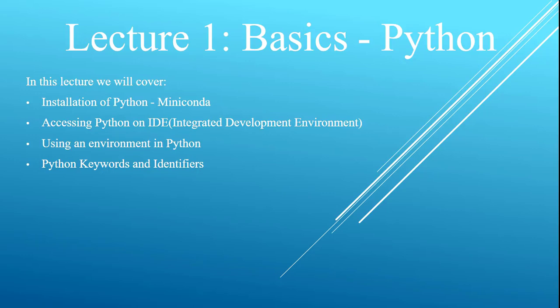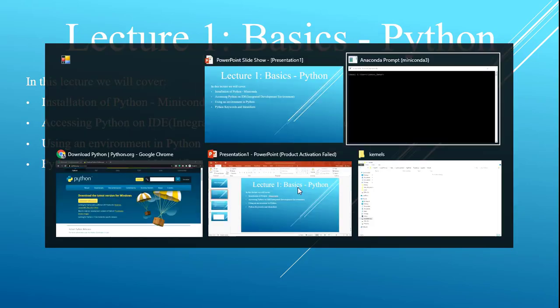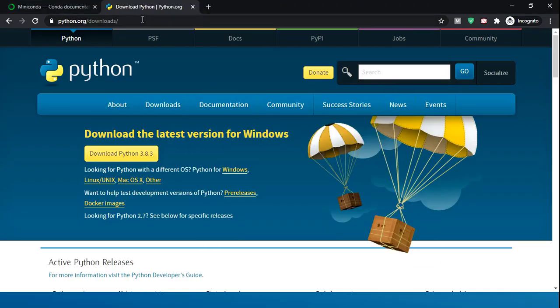Now, the basic installation for vanilla Python, where there won't be any framework or anything, just basic Python. You can download it from the link given here. It will be included in the description, and just after downloading, install it.